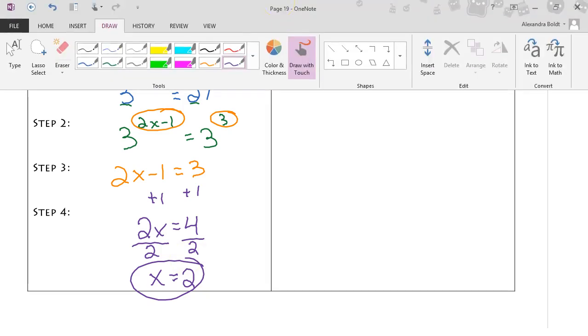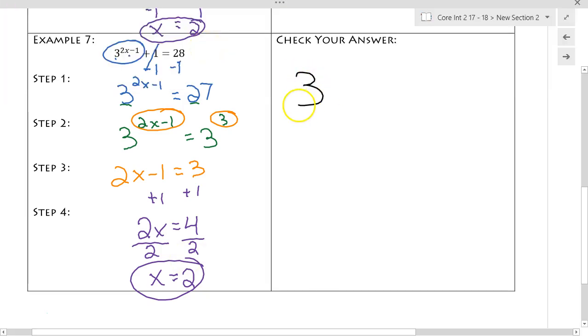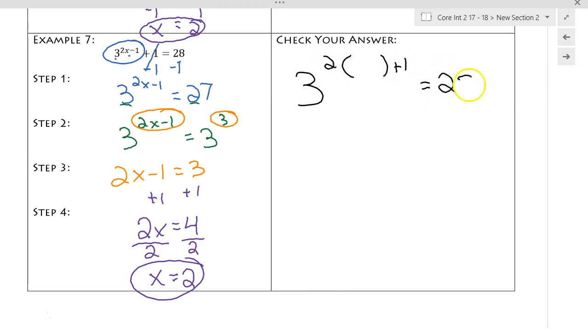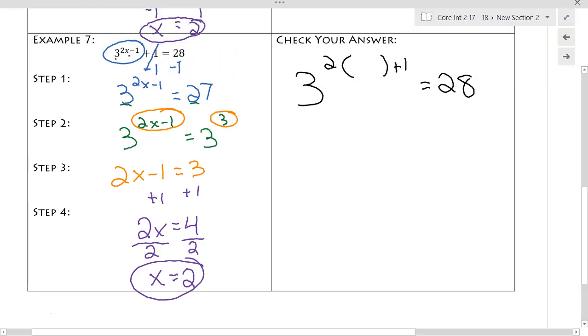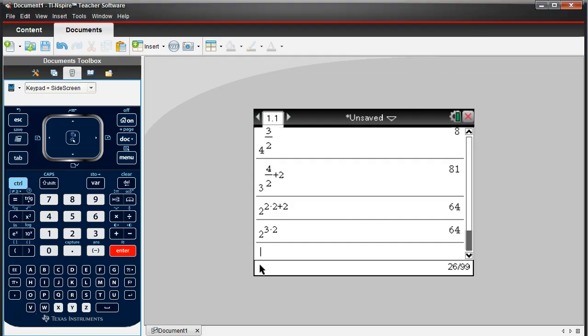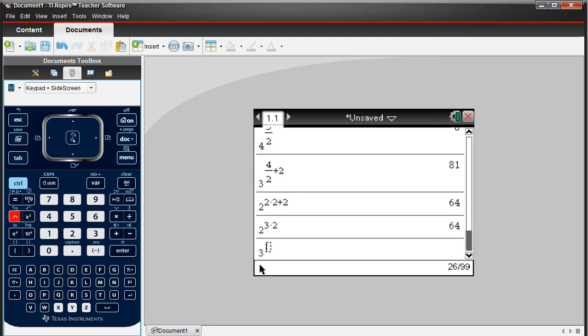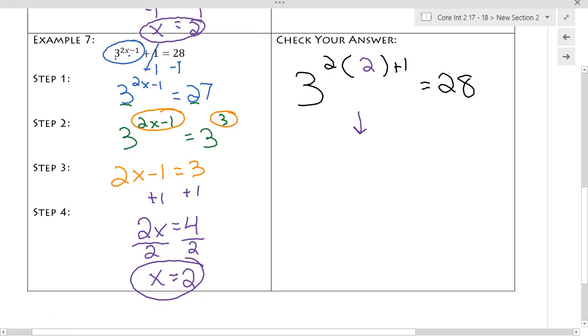Now I want to check my work. 3 to the 2 parentheses plus 1 equals 28. What am I going to put in that parentheses? That 2. Right? So again, this goes in our calculator. 3 to the parentheses 2 times 2 minus 1. I didn't write this right. Sorry, guys.